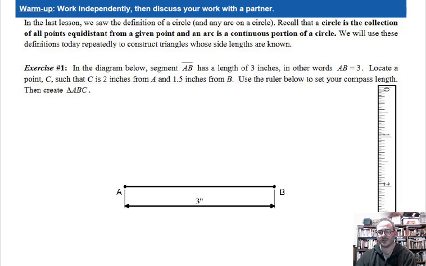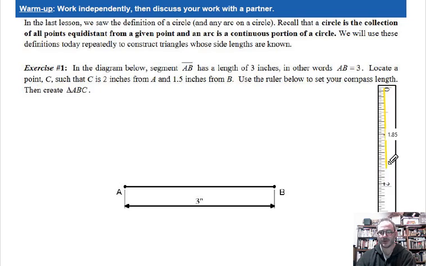I'm going to need to use one of my handy tools over here. Now, my tool is going to be a little different because if I measure from here to here, I don't get 3 inches, I get 3.43 inches. So I'm going to have to measure what 3 inches is. Well, there's what 2 inches is.